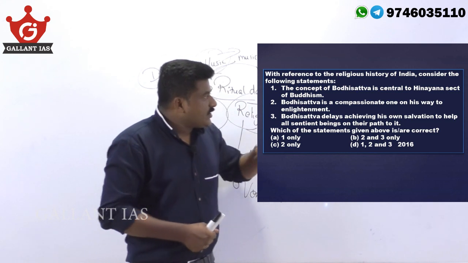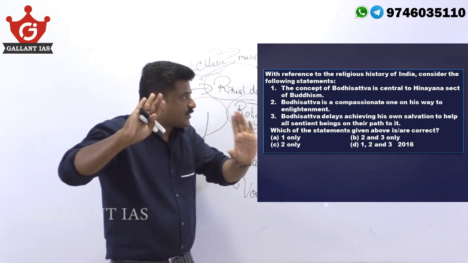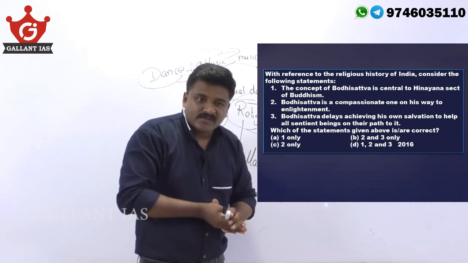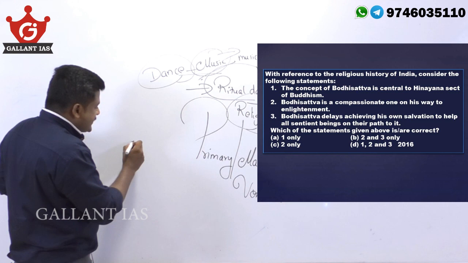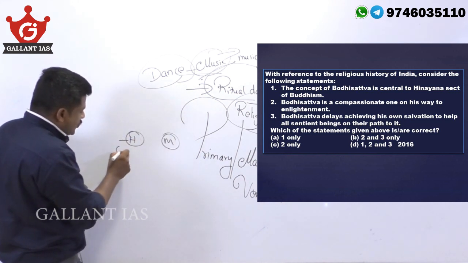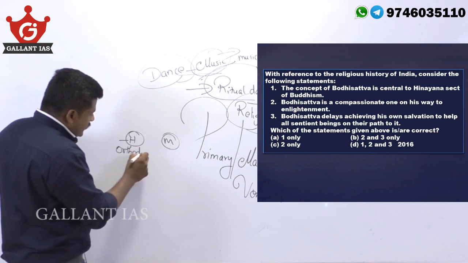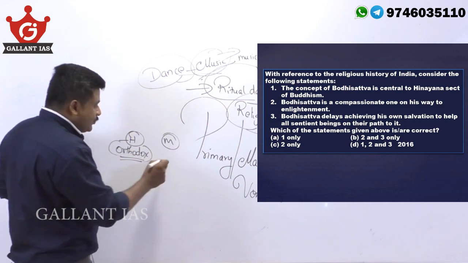With reference to the religious history of India, consider the following statements. The concept of Bodhisattva is central to the Hinayana sect of Buddhism. Coming to Buddhism, it has two popular sects. One is Hinayana, one is Mahayana. You know that Hinayana is the orthodox sect, which strictly follows the teachings of Gautam Buddha.